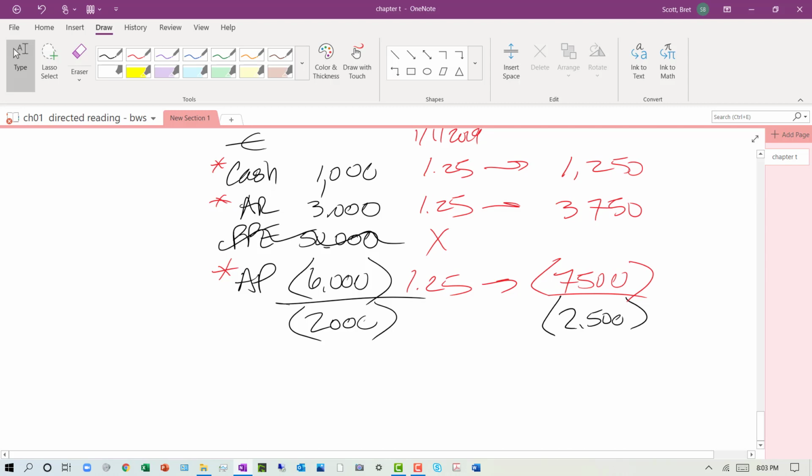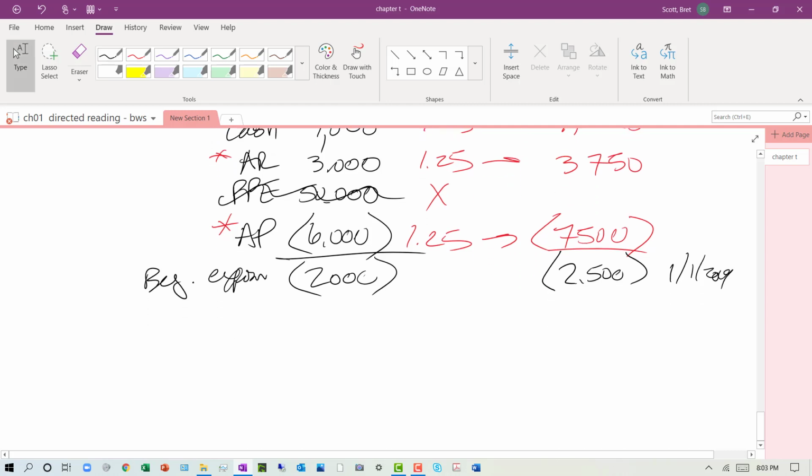So if I'm looking at this as of 1/1/2019, my beginning exposure, what could possibly change these things? Well, let's say I have sales. Let's talk about sales first. Sales during the year in euros, 5,000.